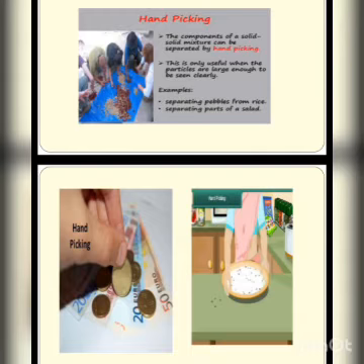Next is the threshing method. The threshing method is generally used by farmers to separate the grains from the stalks after harvesting. Means when we cut or harvest our crop, then we have to remove the grains from their stalks. This is the threshing method.